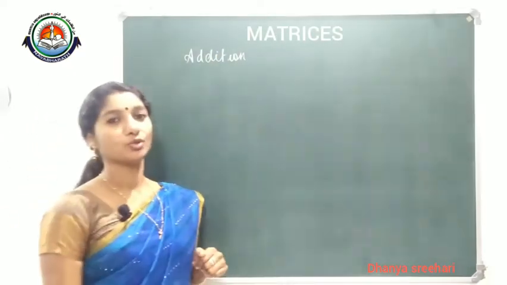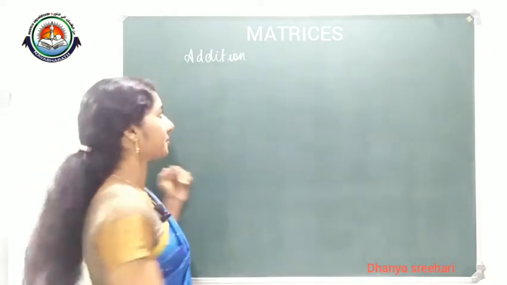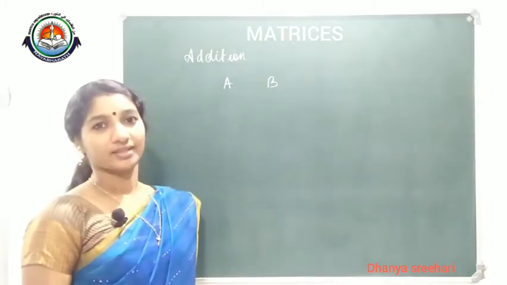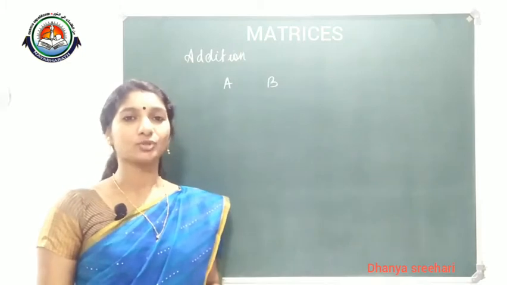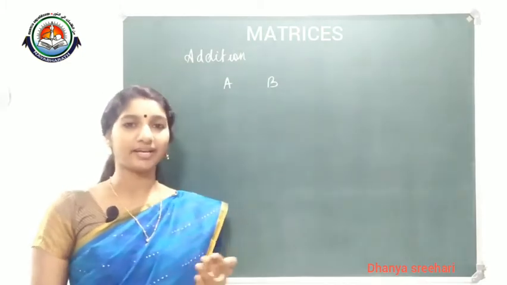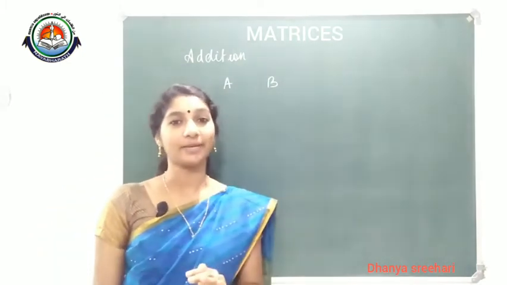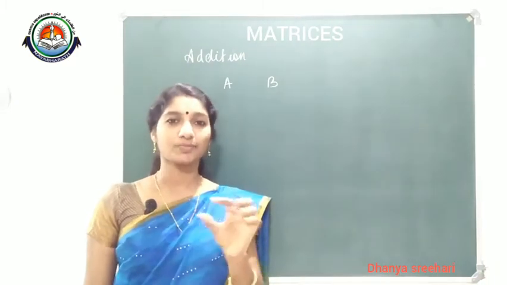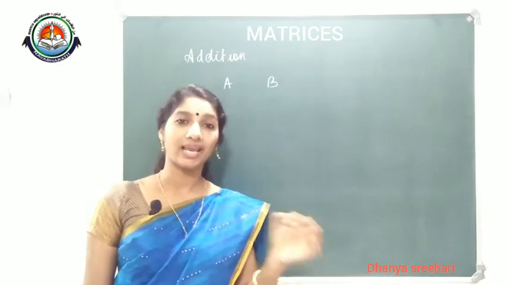Two matrices are given, matrix A and matrix B. Before adding two matrices, we need to check whether they have the same order, because addition means adding corresponding elements.